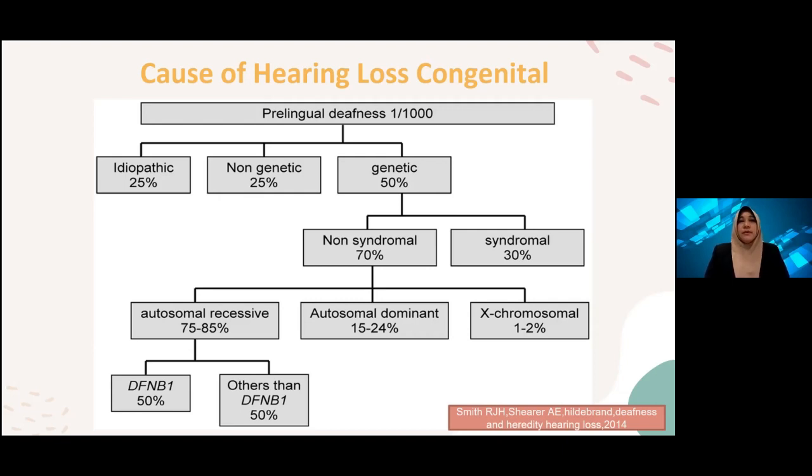Defects have been found in every inheritance pattern. To date, more than 60 different genes, loci, have been identified that can cause hearing loss. In contrast to non-syndromic hearing loss, where there are typically no other associated physical findings, syndromic hearing loss has various other physical findings that are apparent.